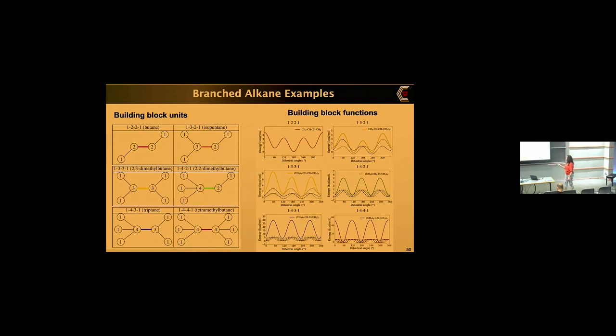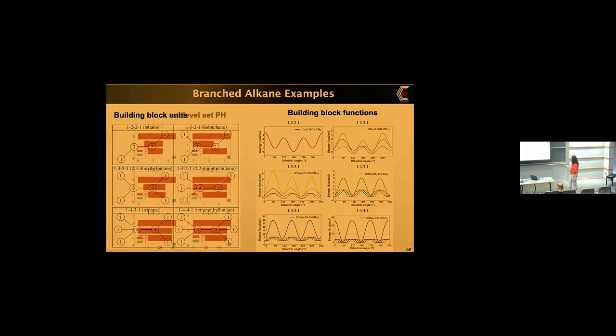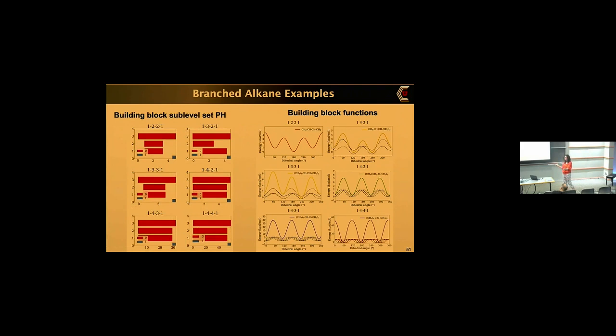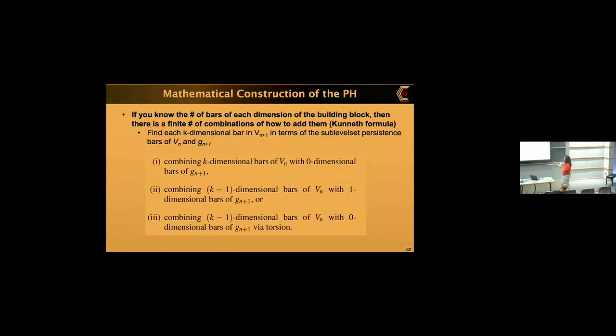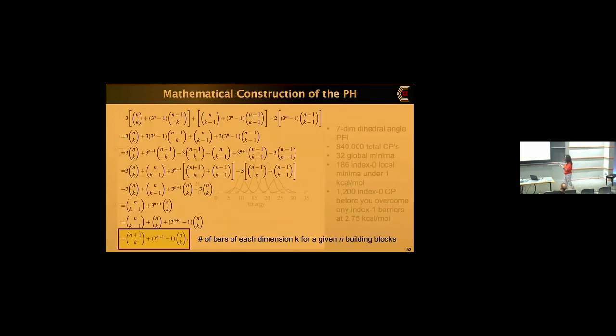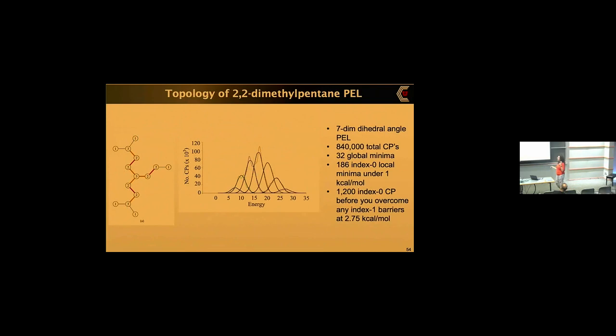Here are some building block units of small molecules, here are their potential energy functions, and here are their sublevel set persistent barcodes. There's a finite number of ways that you can add all of these together to yield a total potential energy landscape. So it's a combinatorial problem, and I'm not going to go through that because I'm running out of time. But I do want to show you how complicated these potential energy landscapes are and how powerful this approach is.